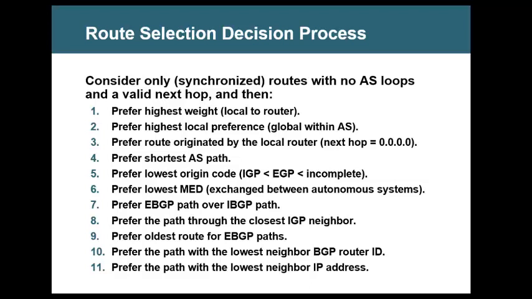Highest local preference if there is a tie in weight. Default is 100. Higher is preferred. It is for the entire autonomous system. Locally originated route. AS path. Origin code. MED. eBGP is preferred over IBGP. The closest IGP path to the neighbor. The oldest route for eBGP. BGP router ID should be lower. IP address should be lower. That's all.